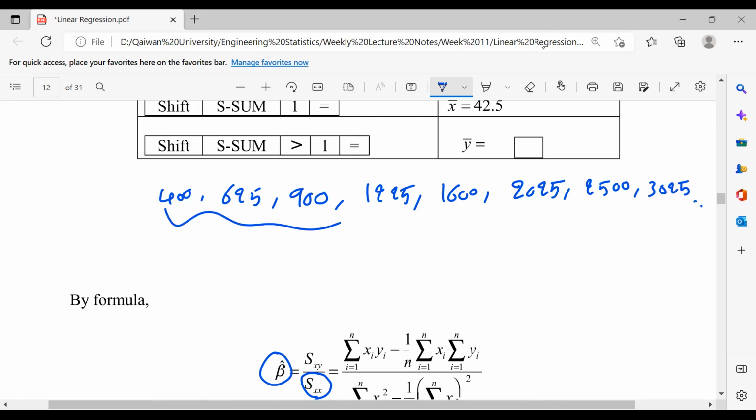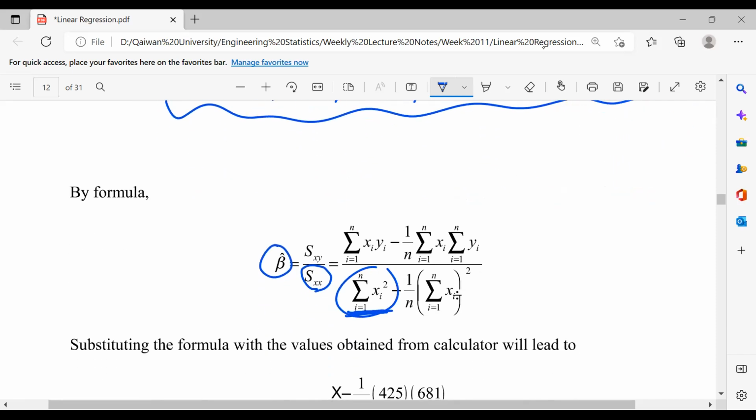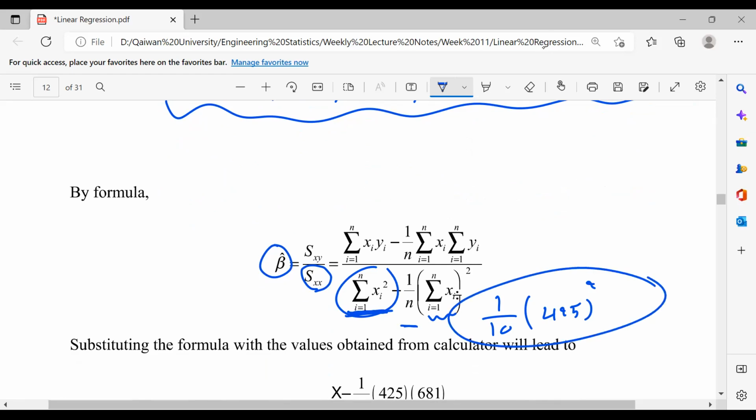Then we find the sum of these all to get this one. And then again, what we do is minus 1 over n, which is 1 over 10, multiplying by the sum of xi all squared. We found the sum of xi, which is 425. Okay, and then we find this result.